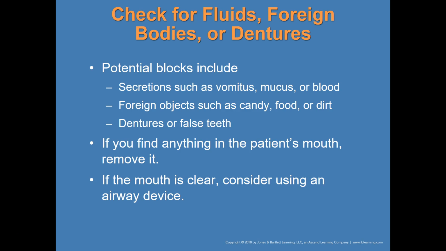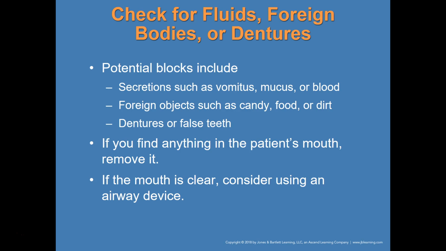Dentures or false teeth: if they're loose, we want to go ahead and take them out, secure them somewhere so that after you've saved this person's life, they don't come looking for you trying to find their teeth. If they're secured in there, they're not going anywhere, we can go ahead and leave them in. If we find anything else in the mouth, we want to remove it.